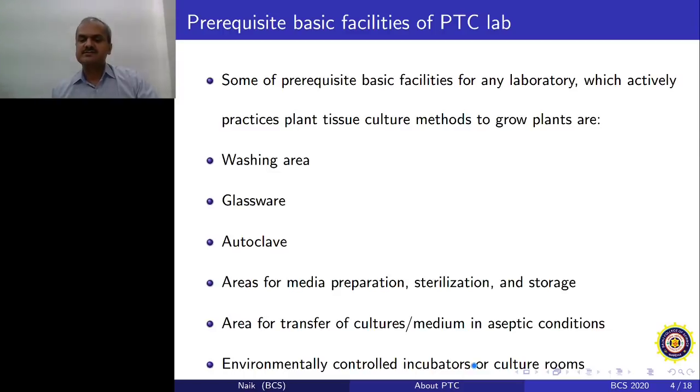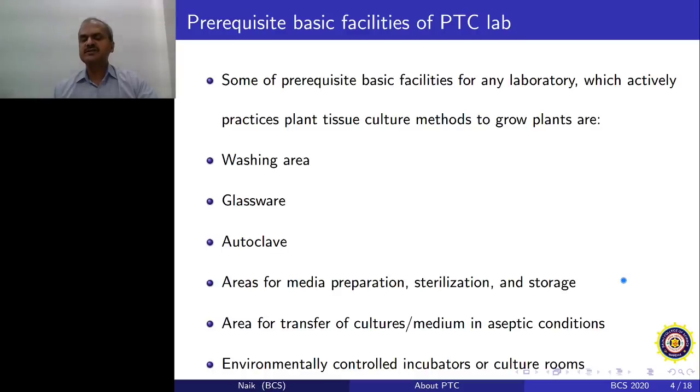But in India, since we have typical rooms which are 10 by 8 feet or 10 feet by 10 feet, in these culture rooms, if you have an air conditioner or an air cooler on one side of the lab, and if that lab is clean and dust free, and if you have racks with enough fluorescent white tubes, I think that lab should work as a plant tissue culture lab.